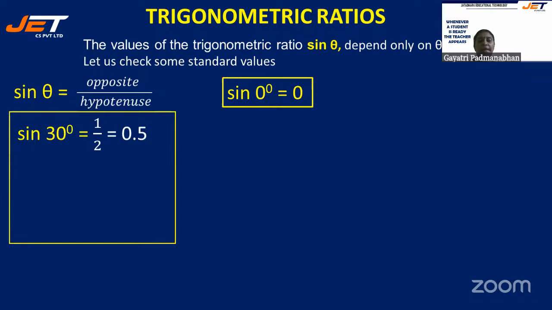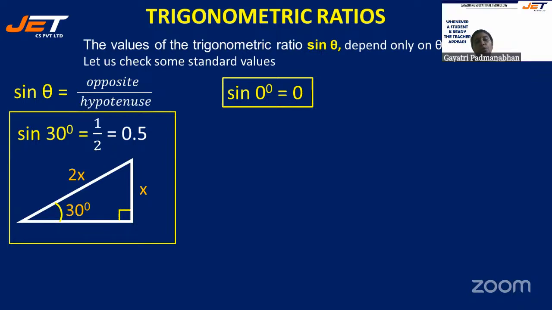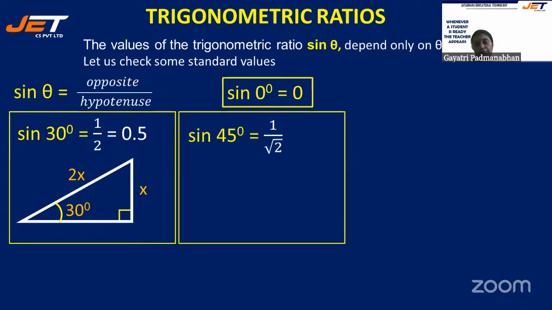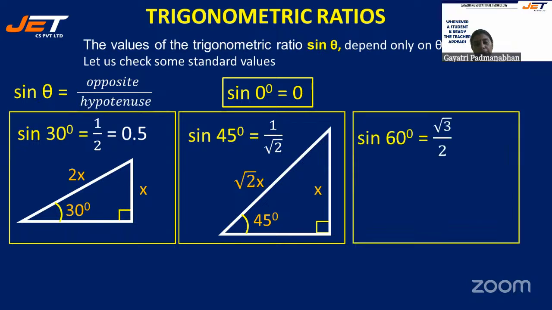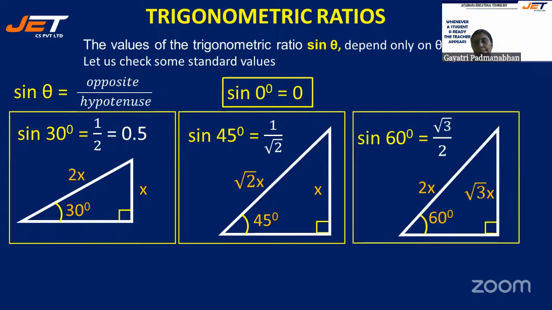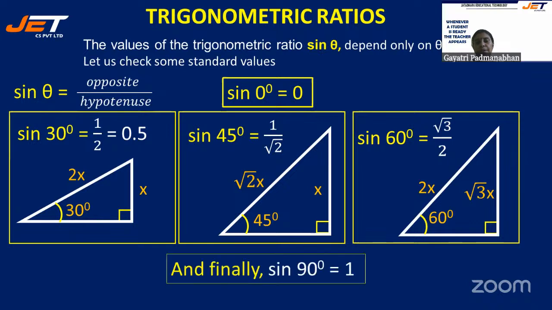Sine 30 is half; x by 2x, the x gets cancelled, so it is half, which means 0.5. Sine 45 degree is 1 by root 2. Sine 60 degrees is root 3 by 2. And finally, sine 90 is 1.